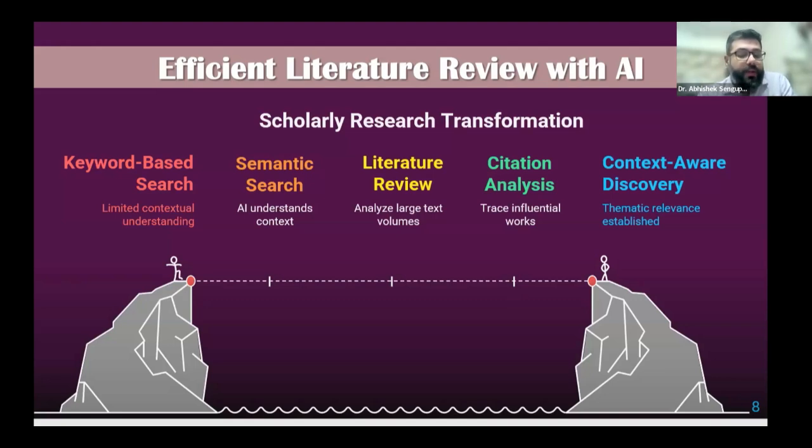Whether you are using free databases like CORE, which is one database that we use, or advanced paid platforms like Litmaps, researchers now have a powerful AI-enabled arsenal to navigate scholarly literature.